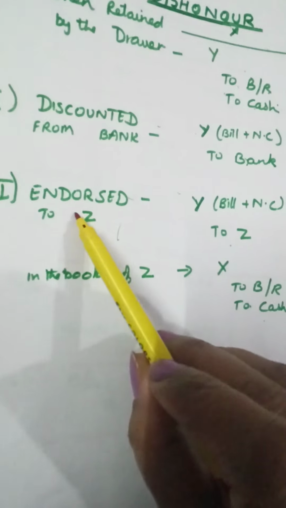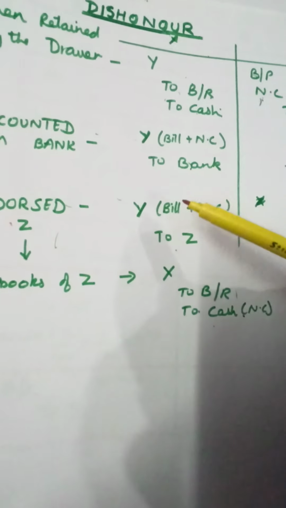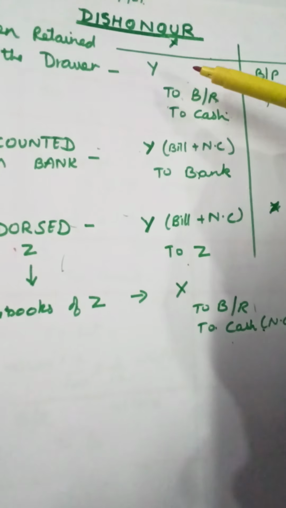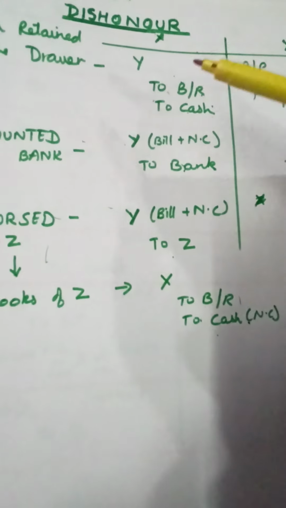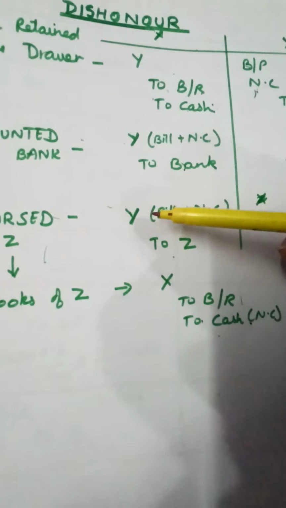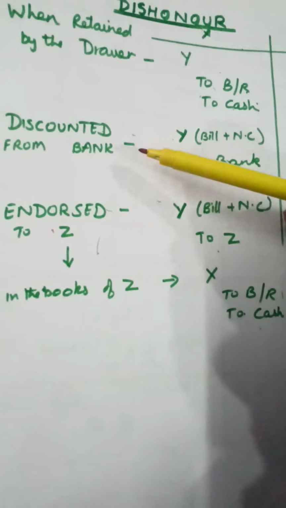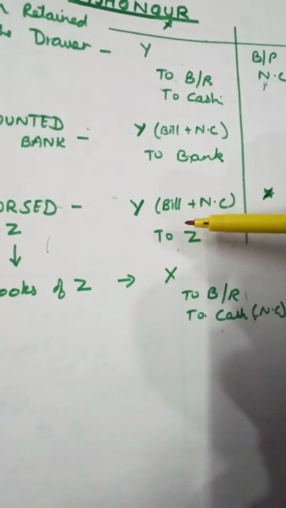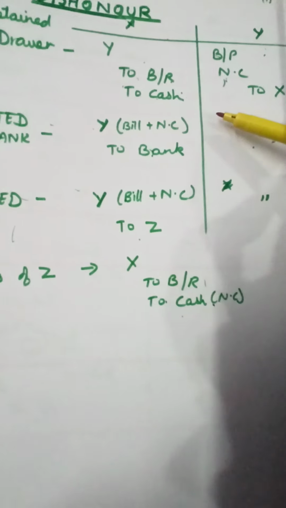When the bill is endorsed, whenever, see something in general in dishonor, these are the accounting treatments of dishonor. Whenever the bill is dishonored, in the books of the drawer, who is debited in all the cases, whether the bill is retained or the bill is discounted or the bill is endorsed, in all the cases you will see the account to be debited is the drawee's account.